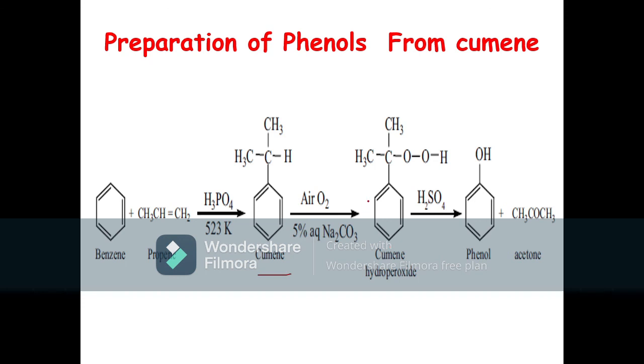It gives cumene hydroperoxide. This is the peroxide linkage formed here. Here O single bond O is called a peroxide linkage. So the name of this compound is cumene hydroperoxide, which on hydrolysis with dilute acid gives phenol and acetone. In these reactions, acetone is a byproduct.